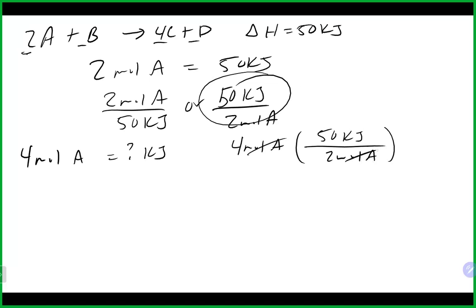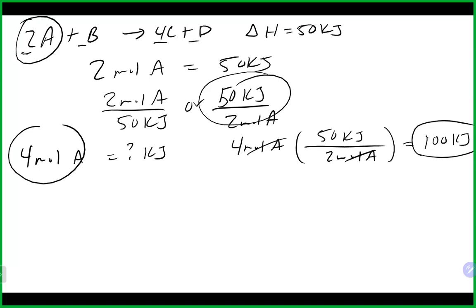The moles will cancel, and that's going to get us 4 times 50 divided by 2, 100 kilojoules of energy. And that does make sense since we're starting with twice as much as we did there, we get twice the amount of energy out.